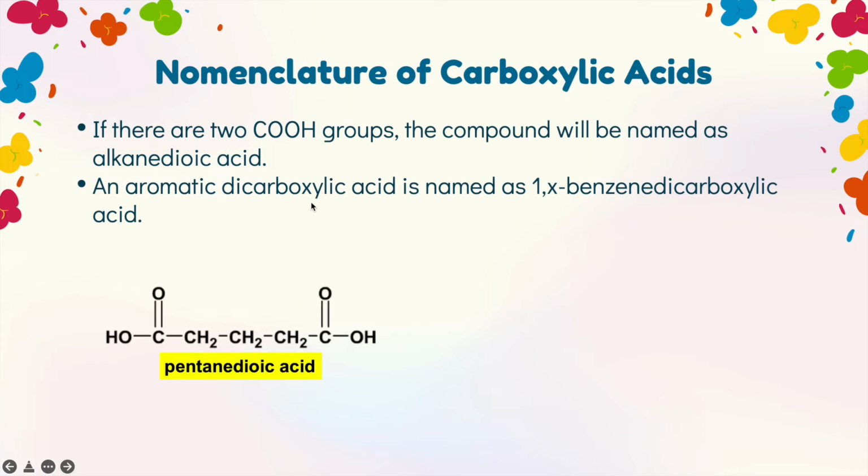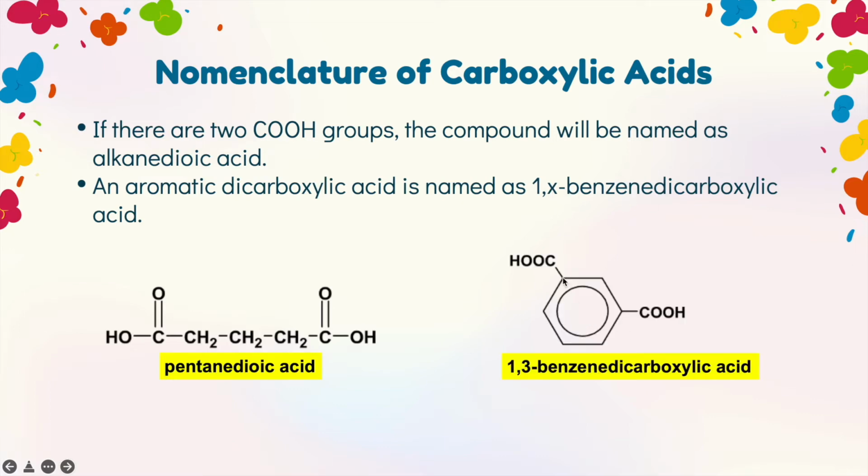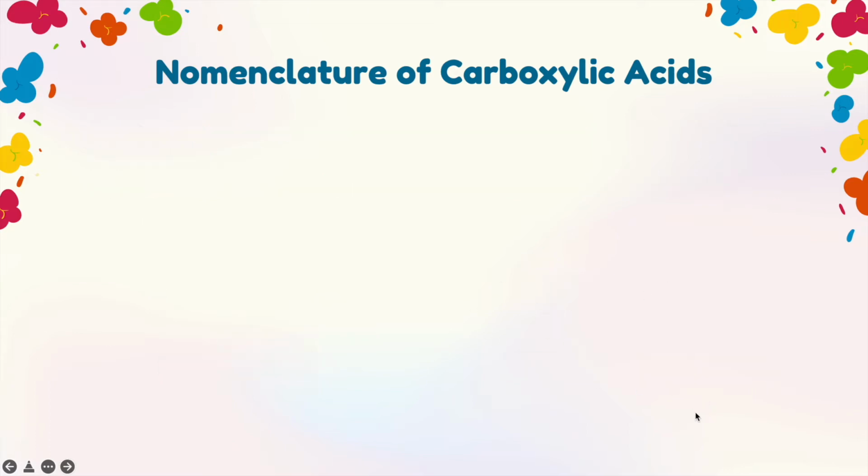For an aromatic dicarboxylic acid, with 2 COOH groups on the aromatic ring, it is named as 1,X, where X is the position of the other carboxyl group. 1,X-benzenedicarboxylic acid. For example, here carbon 1 and then carbon 3, so 1,3-benzenedicarboxylic acid. This is applicable for aromatic carboxylic acids.